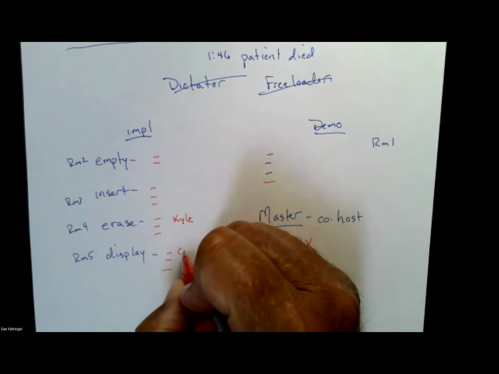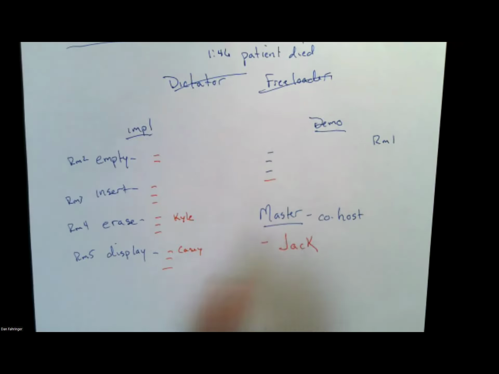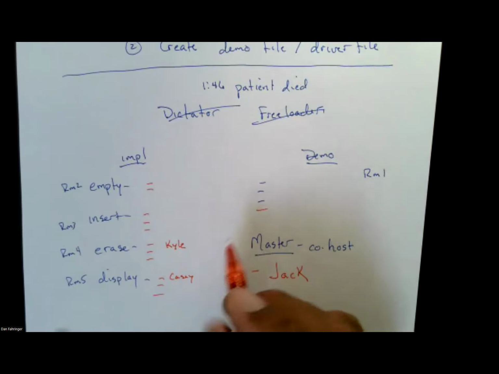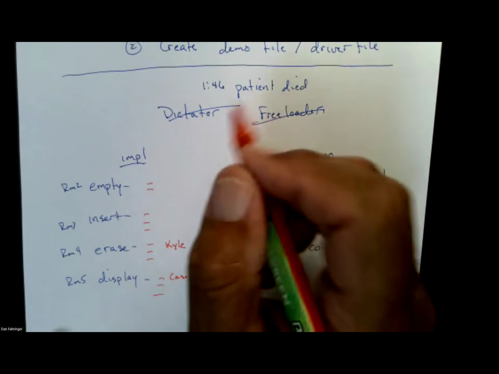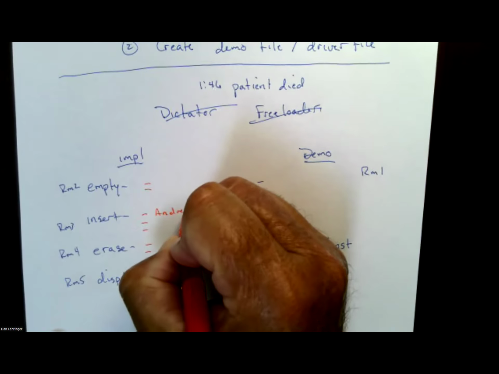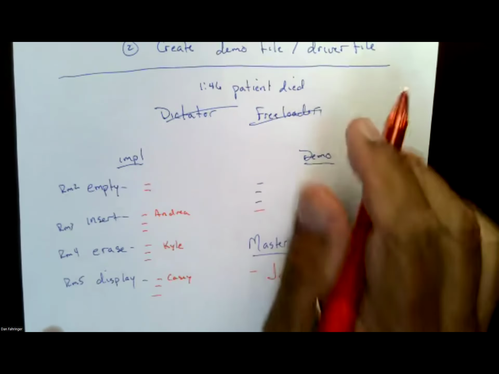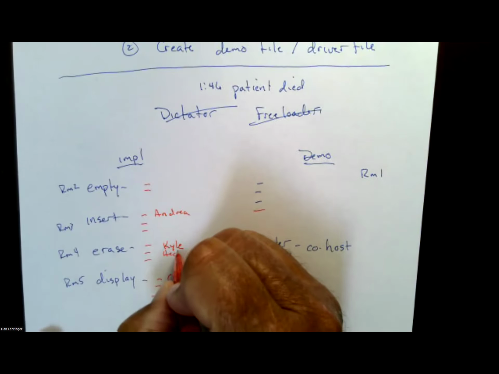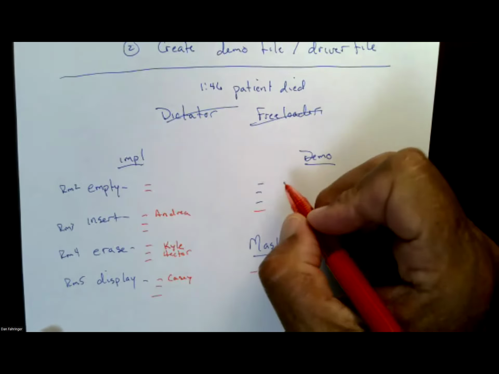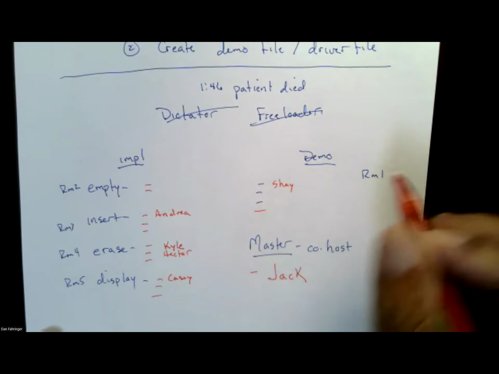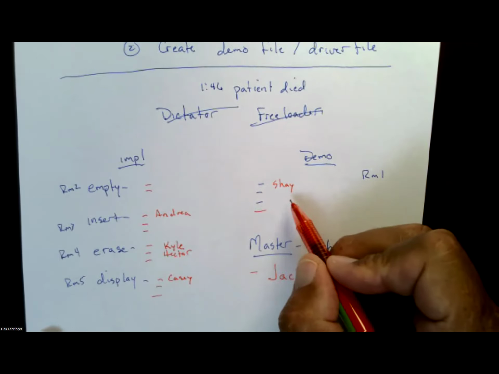Display. Yeah, that should be pretty easy. So when you're done, Jack should be able to keep going. I'll take insert. Who was that? That's Andrea. Andrea's on insert. I'll go empty. I'll go erase. Can I do demo? I heard Hector on erase. Demo name: Shay. Display again. Hang on. Demo. Give me another name.